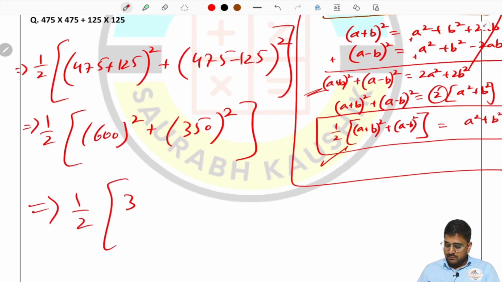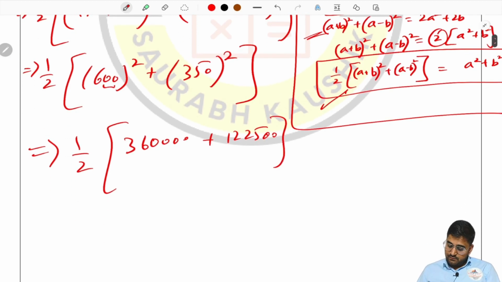Now it is very much easy. 600 square is 3600 with double zero, again two zeros, so make it four zeros. Simple concept. Do not try to think much. And 350 square becomes 1225. Now I will teach you how I write this also. It is very much important, but for the timing, let us calculate it first.